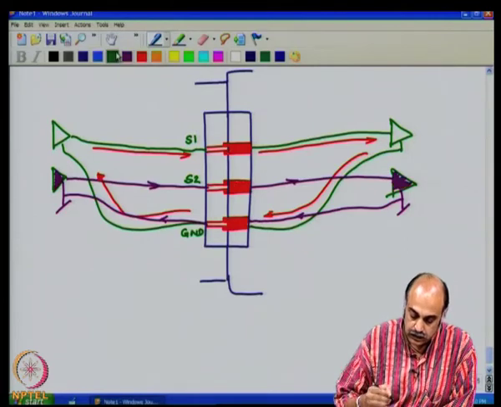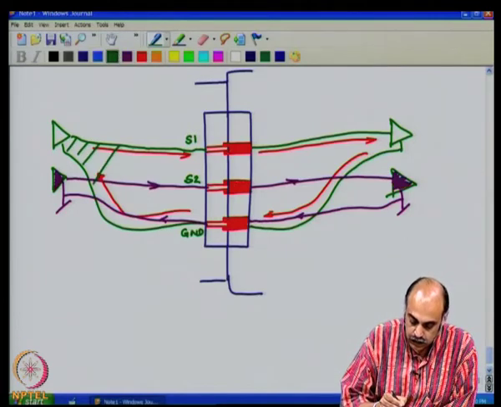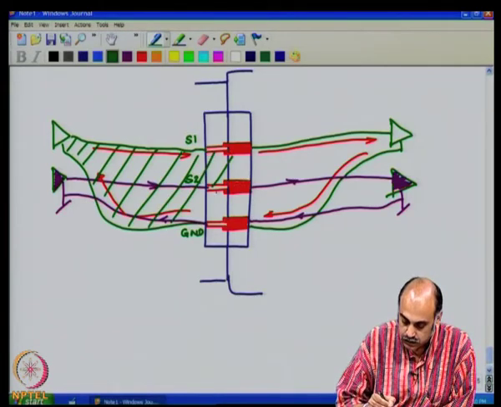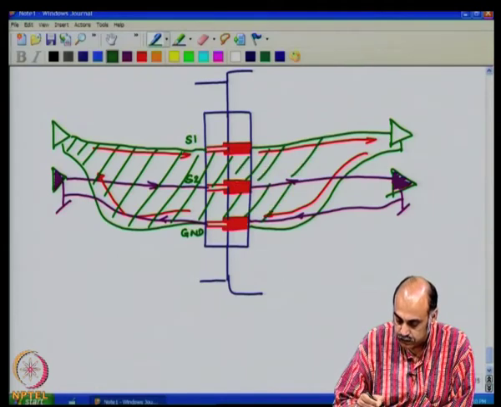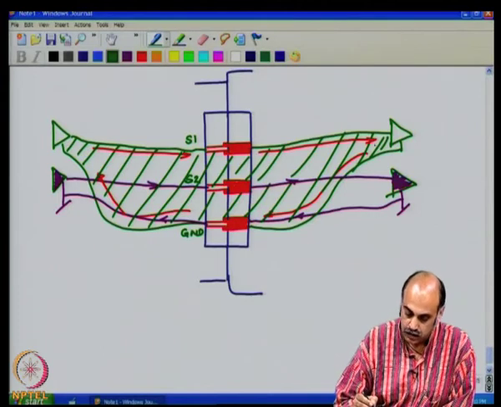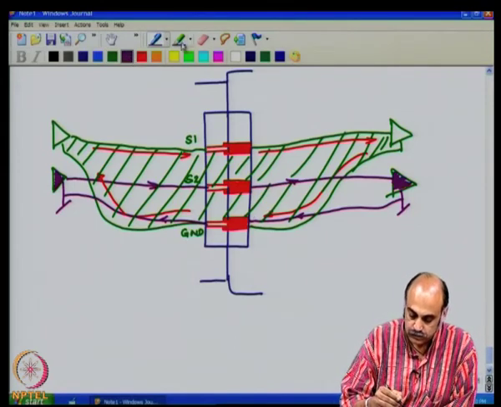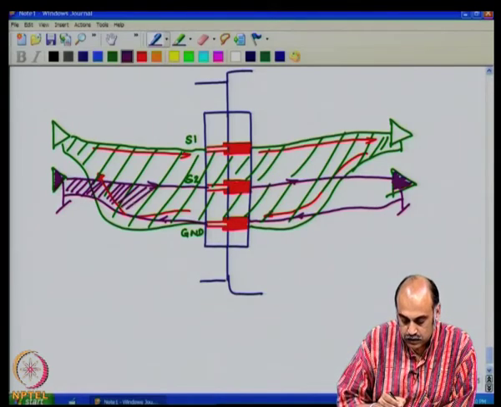So, if I take the first circuit, the loop area is so much. This would be the loop area. Now, if you take the second, the loop area is this portion.